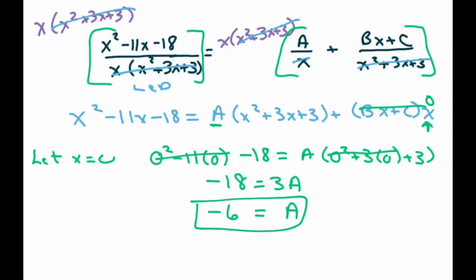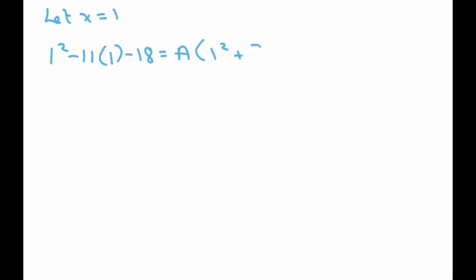Try to remember that. And now we're going to go ahead and let x equal 1 and plug that in. So you get 1 squared minus 11 times 1 minus 18 equals A times 1 squared plus 3 times 1 plus 3 plus B times 1 plus C, and that's going to be times 1.